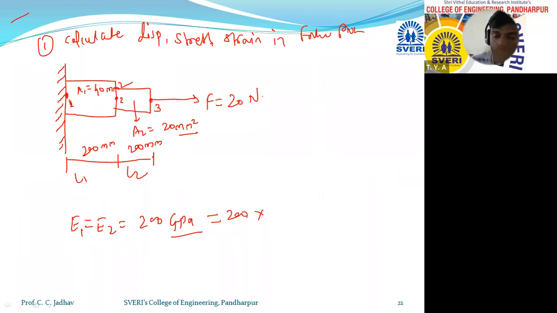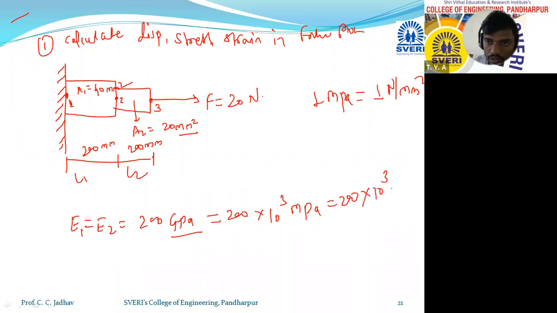Okay, so we have to convert this into 10 raised to 3 into megapascal. Okay, that means 1 megapascal is equal to 1 Newton per mm square. So that is nothing but 200 into 10 raised to 3 Newton per mm square.